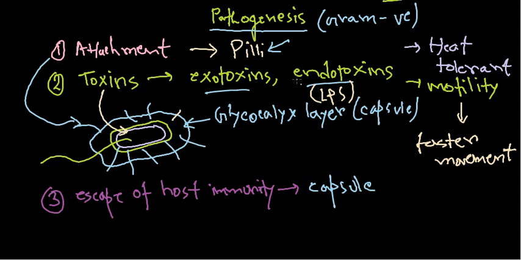So all these things provide the potential pathogenesis to this bacteria, so that they can cause several rounds of disease. Now, I've already told you that they're not a typical pathogenic bacteria, but they can cause pathogenicity if they get the right time and right environment, right?